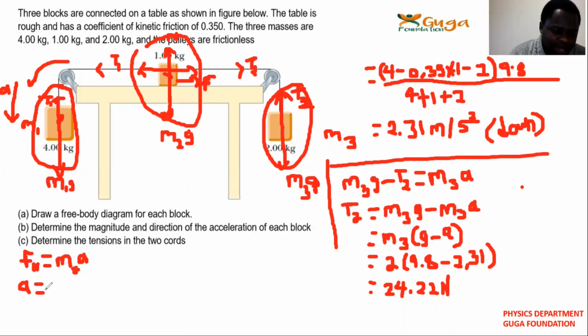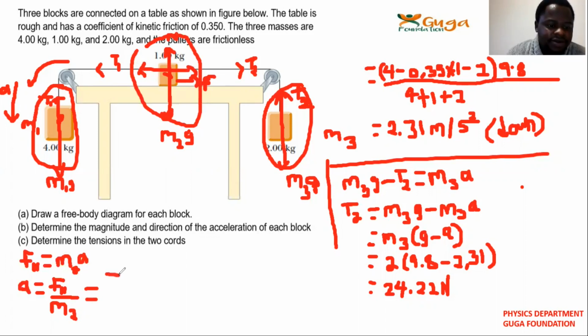So now you'll have F net, you'll have F n all over by M2, right? So which is equals to, what is the force acting here? So you've got the tension this side, and also you've got the tension this side, isn't it? So it will be T1 minus T2, right?